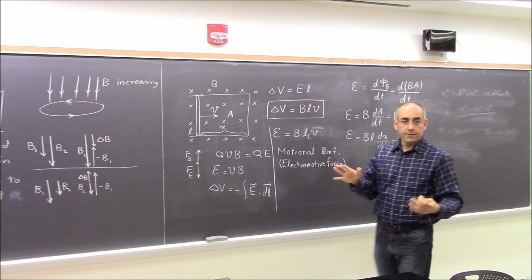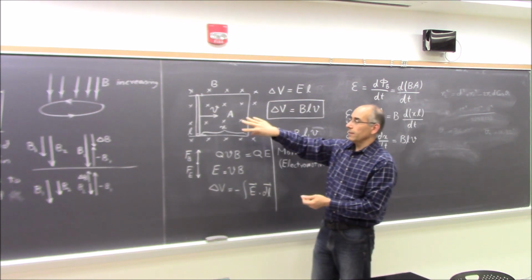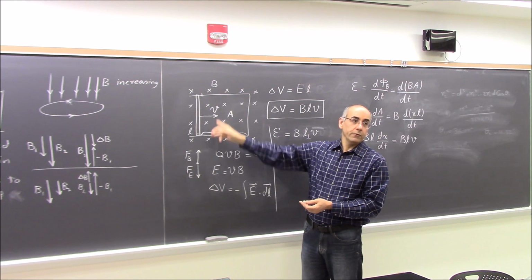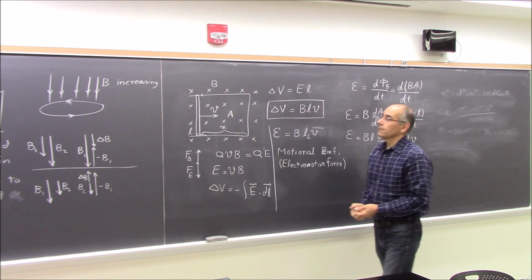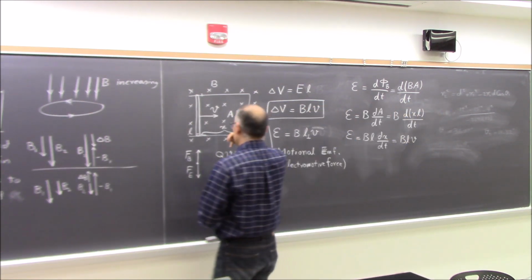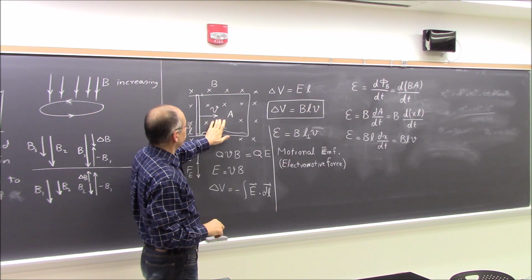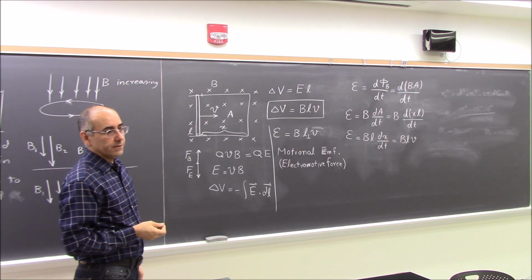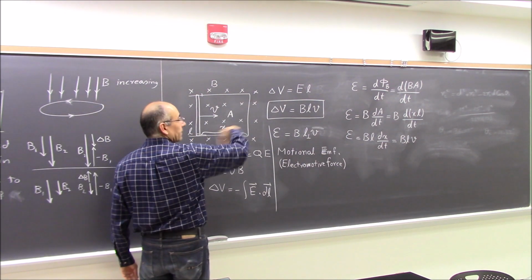The field is constant, so the area decreases, and the flux into the page is decreasing. So the EMF should support the flux. It should be in a way to create its own magnetic field that supports this magnetic field. Therefore, it creates a clockwise direction EMF, which is sending positive charges up, going this way.